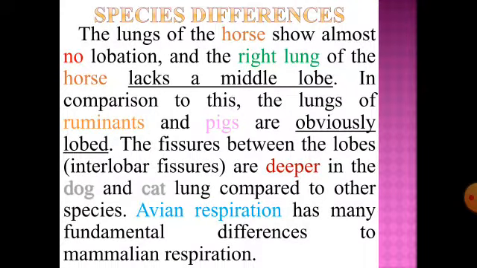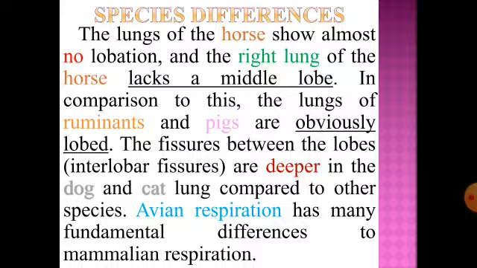Species differences. The lung of the horse shows almost no lobation, and the right lung of the horse lacks a middle lobe. In comparison to this, the lungs of ruminants and pigs are obviously lobed.